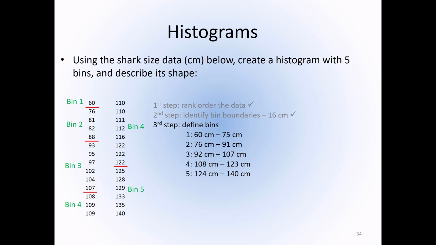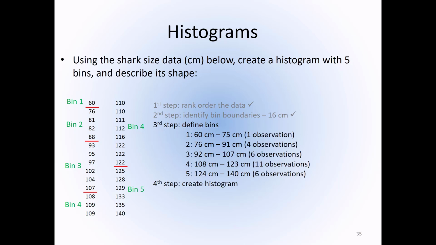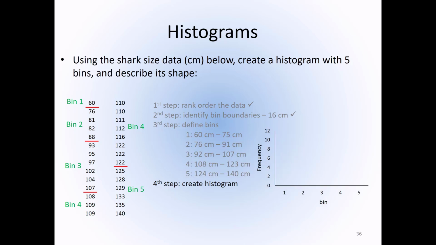So our fourth step is going to be to actually create our histogram. So we need to create a y and an x-axis. On our x-axis is going to be the bins, and then the y-axis for this particular situation, we're just going to use the frequency to start with. So we'll first start with our first bin. This has 1 observation, so we'll make a bar that has a y value of 1.